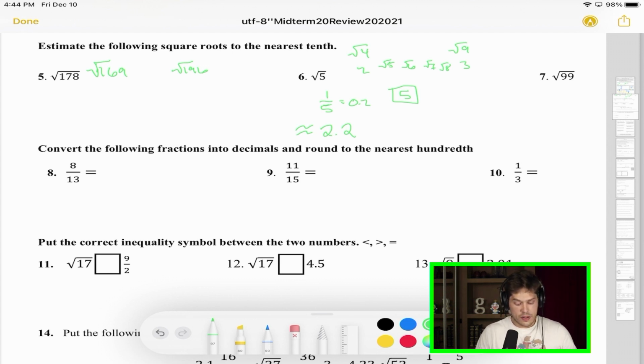The distance between those two is 27. This tells me that every 2.7 we go up will be about 1/10 added to the square root.